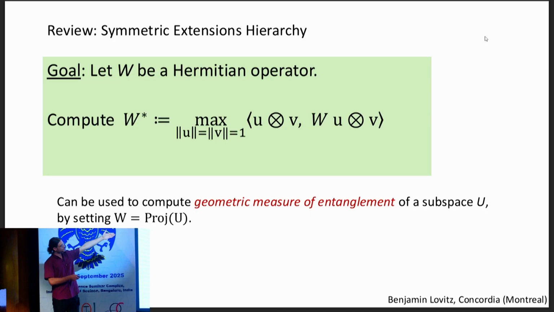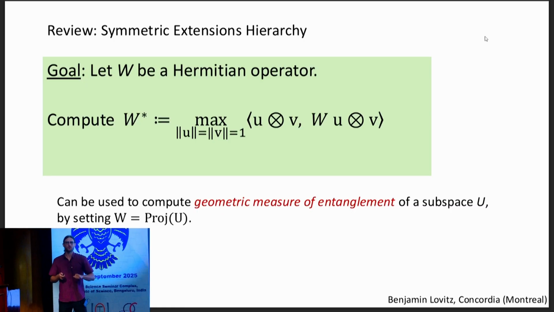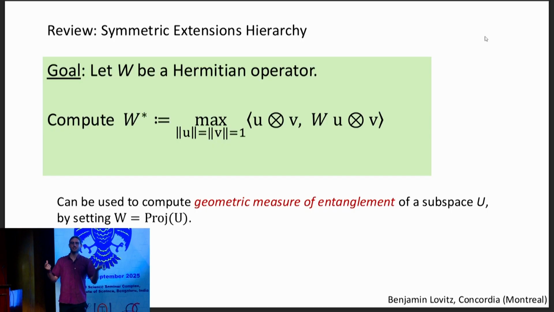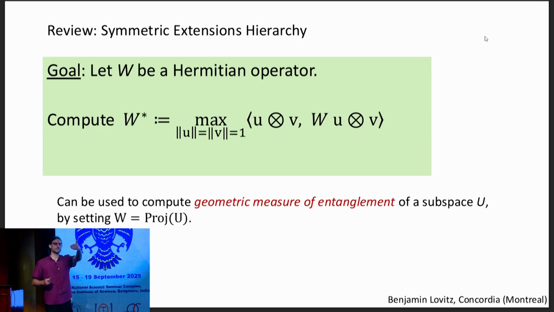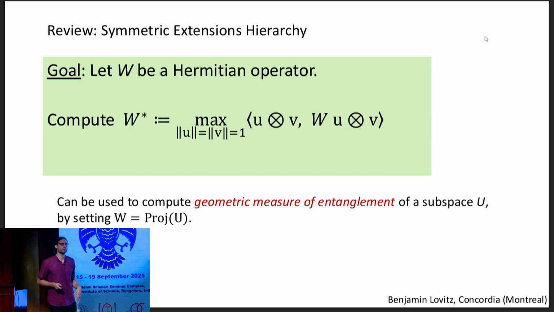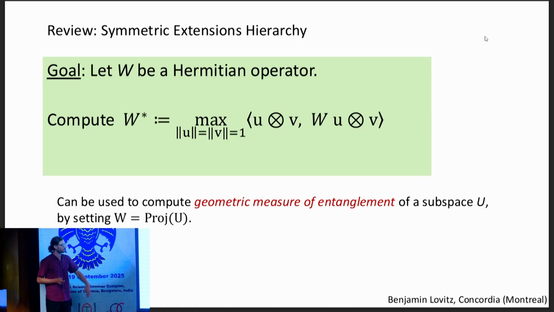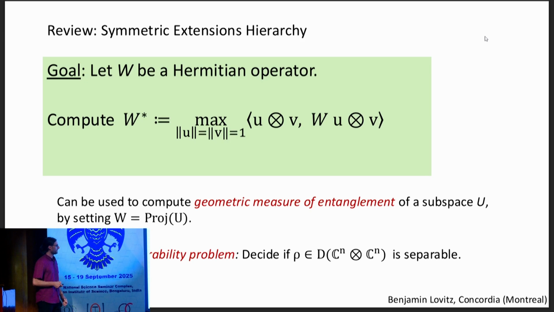And then this tells you what's the maximum overlap of your subspace with a product vector. So the overlap would be 1 if and only if U contains a product vector, and however far away it is from 1, that's the distance away from product vectors. So this is why I call this a robust generalization of the task.